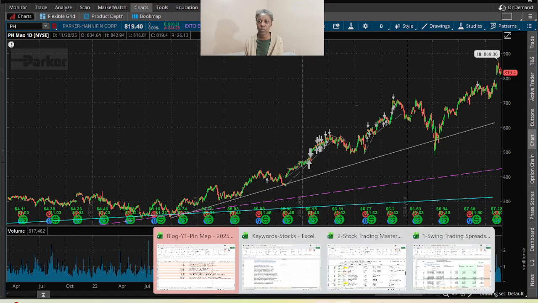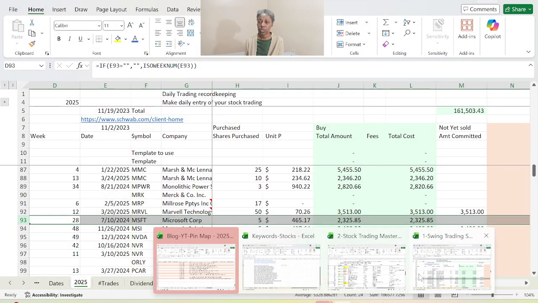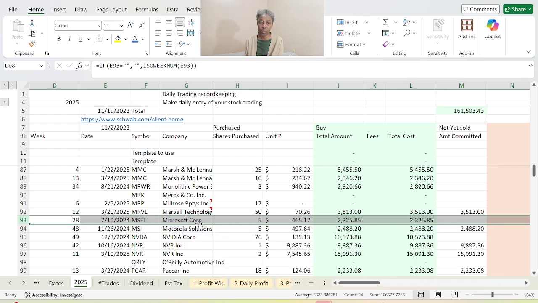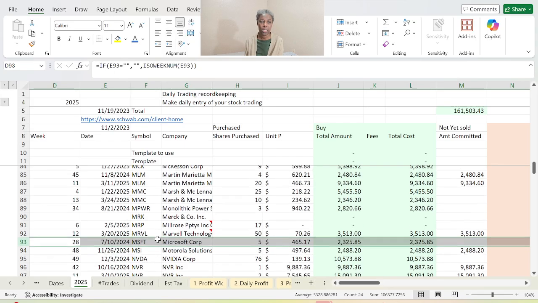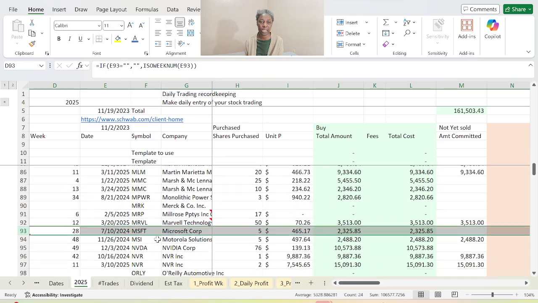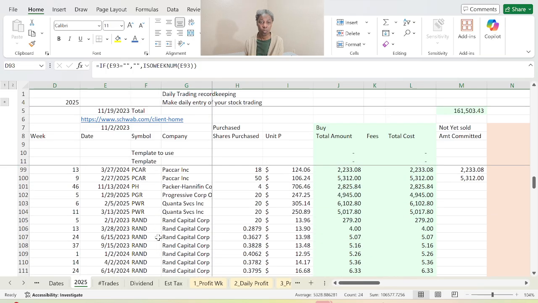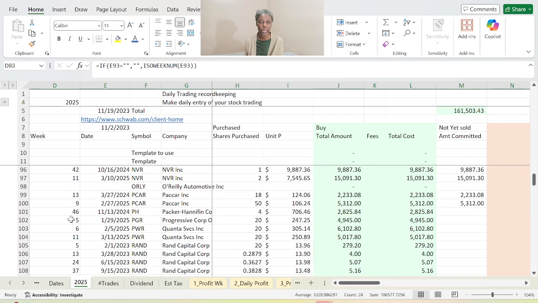That's why we like to recommend, and we like to do it ourselves as well, to just swing through the same stocks over and over and over, so that we can familiarize ourselves with those patterns, because each stock has a unique pattern worth learning and being accustomed to.